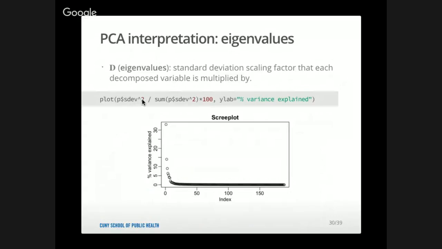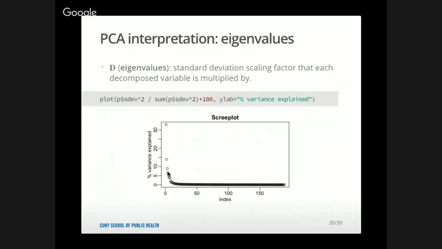So I'm going to square it to turn these standard deviations into variances and just plot. This is a vector of length n, 189. Plot the square of them, so the variance of each of these components, divided by the total, multiplied by 100 to turn it into a percentage.